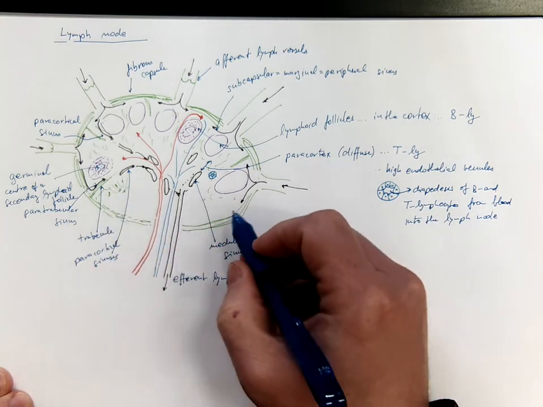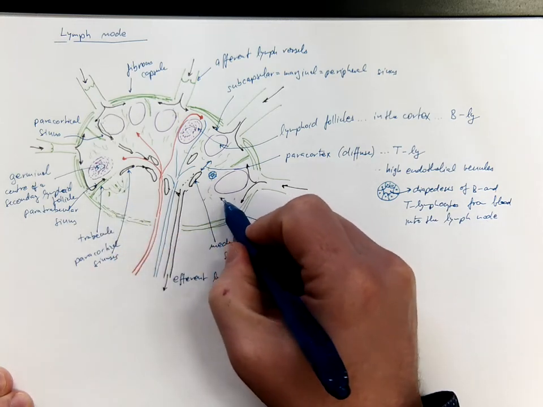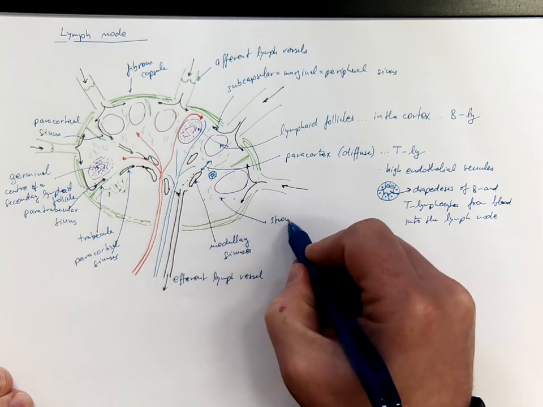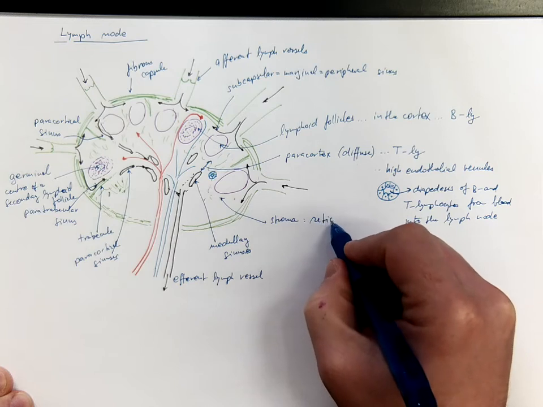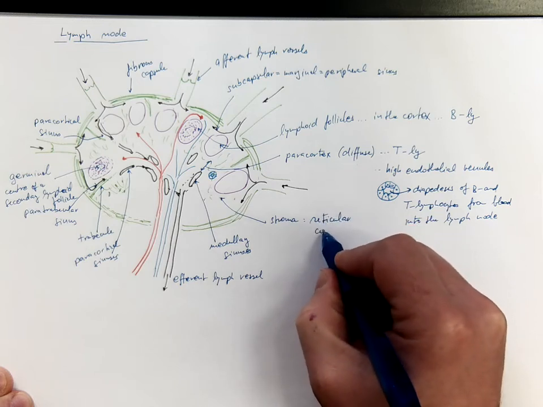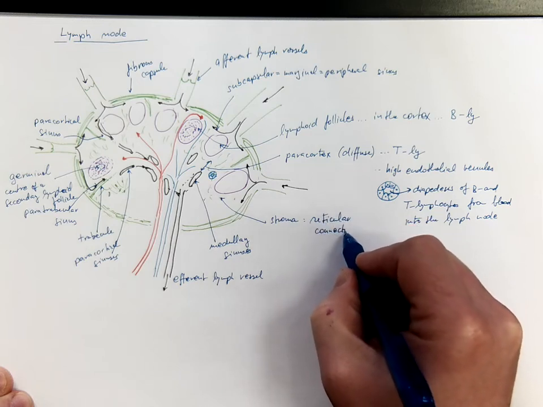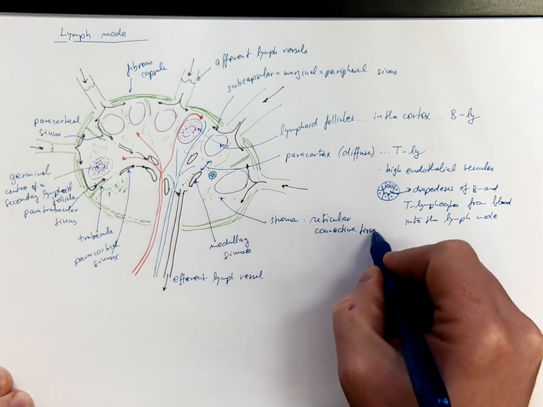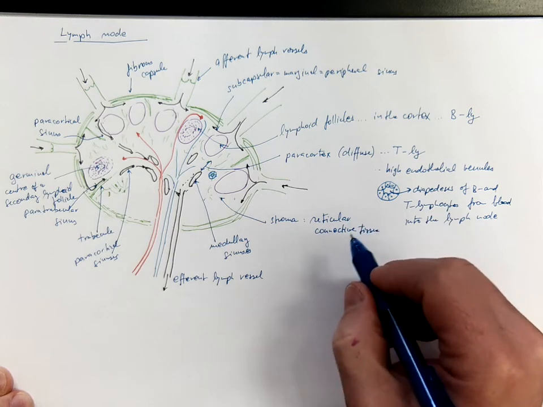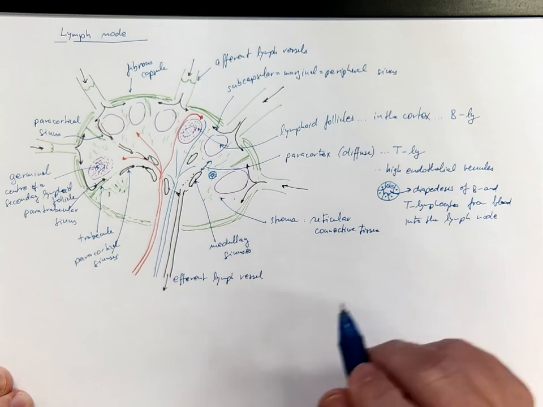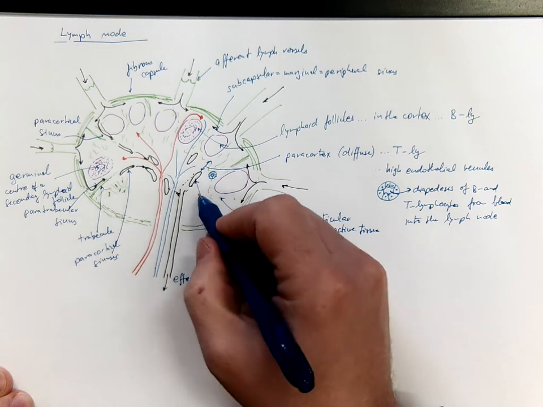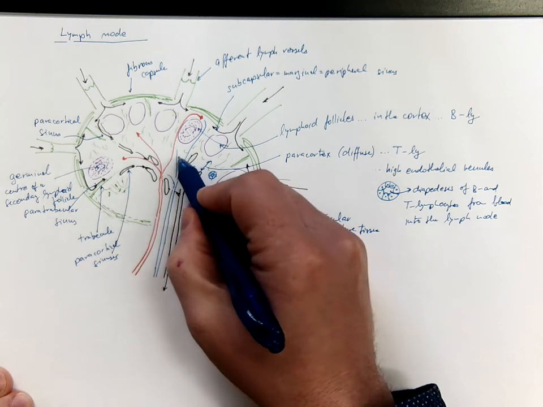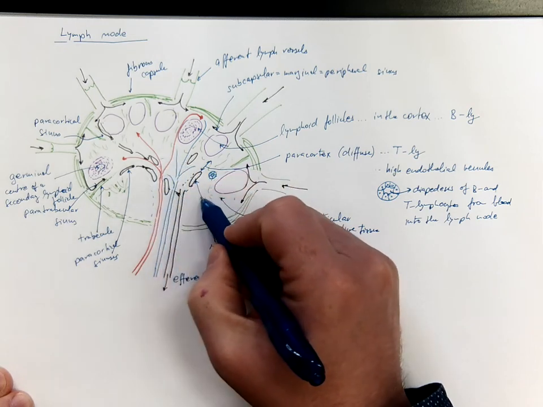Then we have the stroma here, the stroma of the lymph node, which is made of reticular connective tissue with reticular cells, reticular fibers, and macrophages, and so on. And this central region is called the medulla.